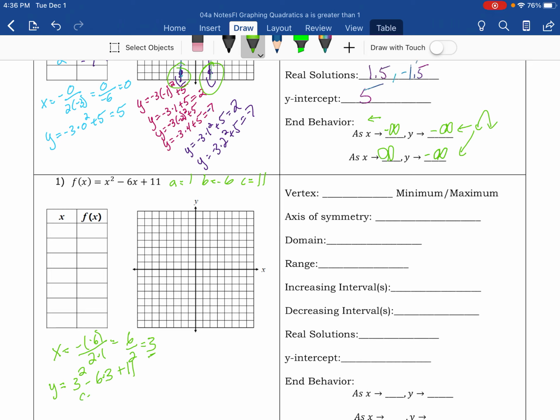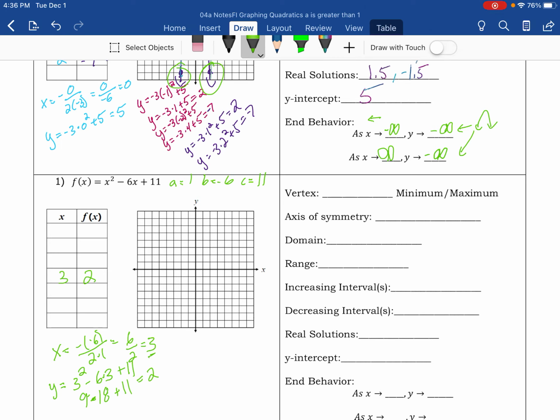That's 9 minus 18 plus 11, which is -9 plus 11, which is 2. So I know the x value of my vertex is 3 and my y value is 2.